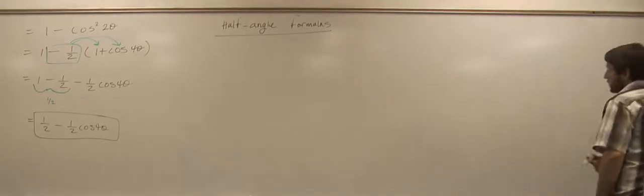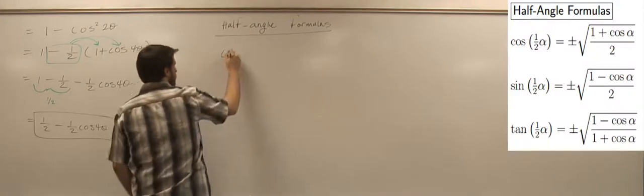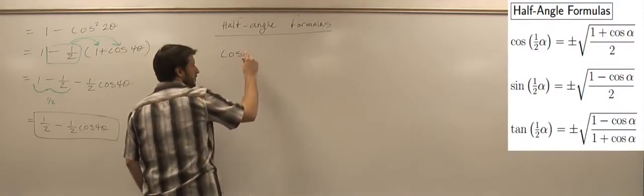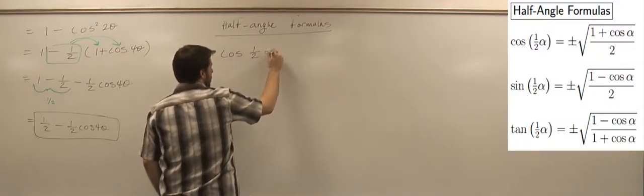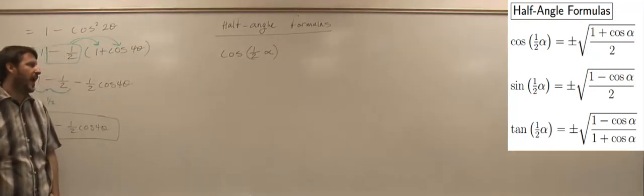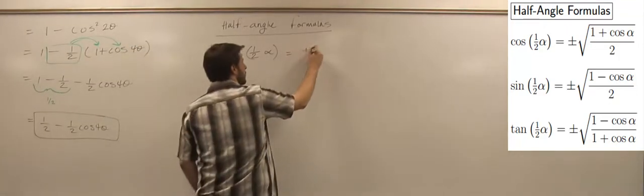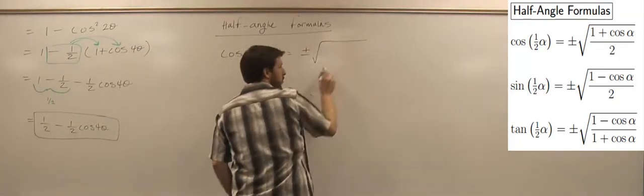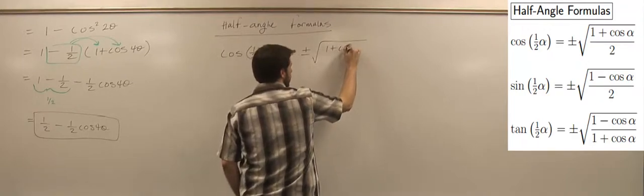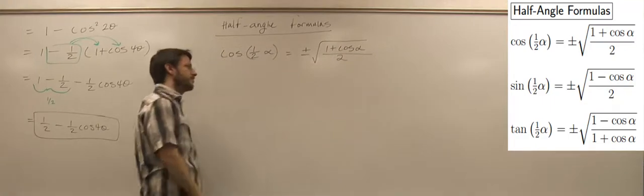These are the half angle formulas. I wrote them with an alpha instead of a theta for convenience. I'll explain that in a second. But the way it works is if you want to do cosine of 1/2 of an angle, it ends up being the positive or negative root of 1 plus cosine of a single angle over 2.